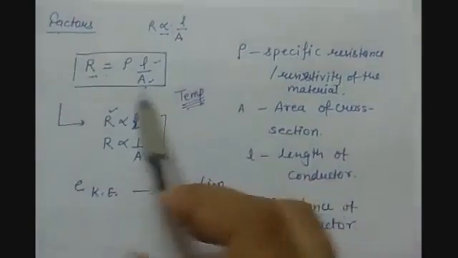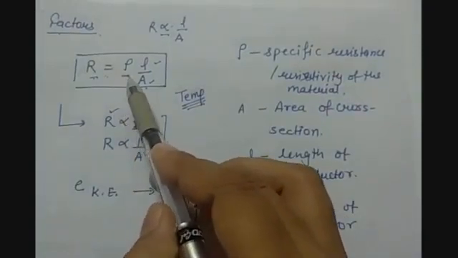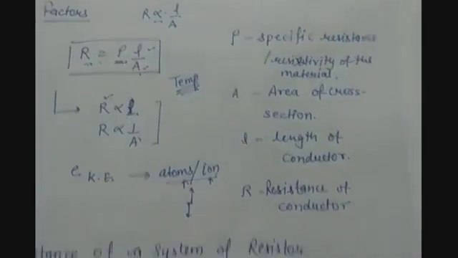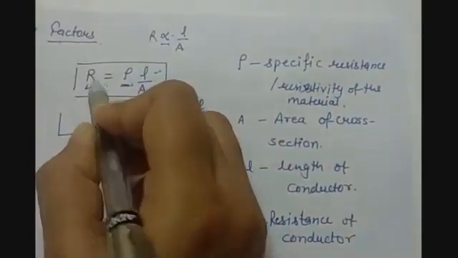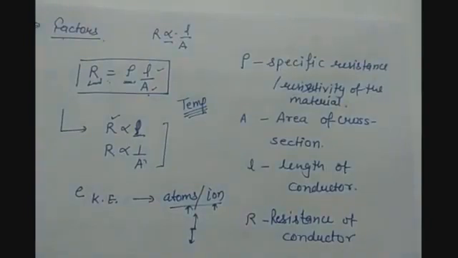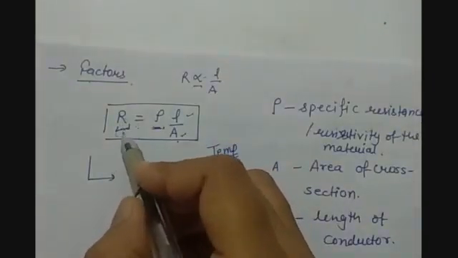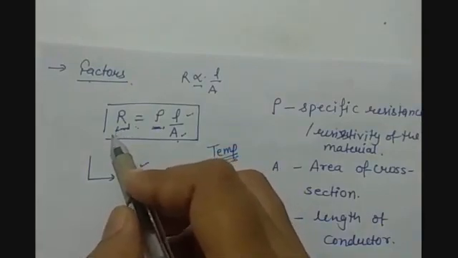But for different materials, resistivities are different, and on the basis of resistance, different types of materials are used for different applications. As we have studied, materials with low resistance are called conductors. So conductors are basically used for conducting wires.